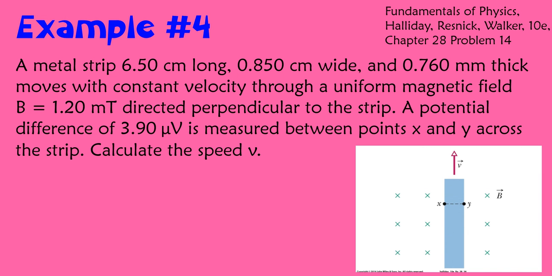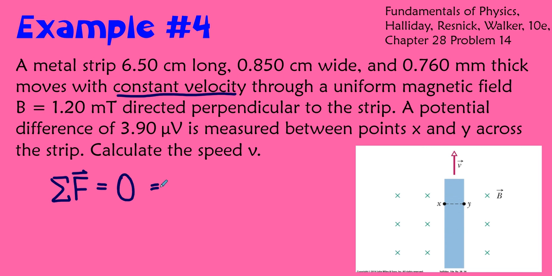If this is a conductor, there's free electrons located inside of that conductor. And my free electrons are going to be traveling with the speed v that is the exact same as the speed of the conductor. And it also tells me that it's moving with constant velocity. And constant velocity implies the net force on not only my object, but on my electron is equal to 0. So the net force on my electron would be equal to 0.